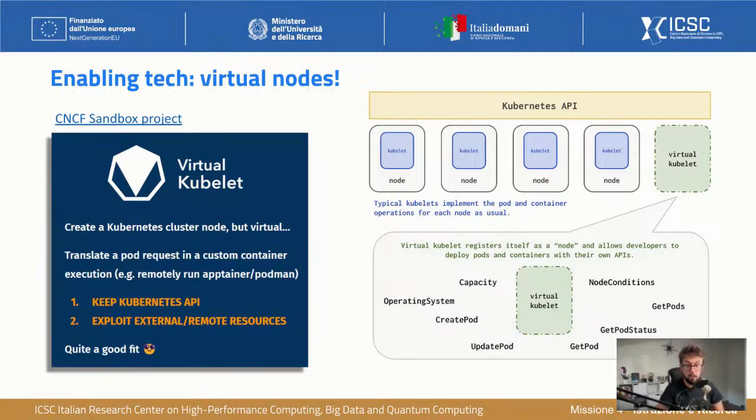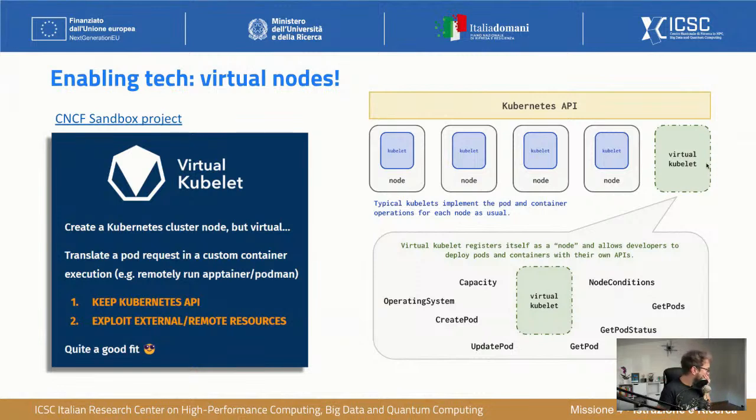And then we discovered that this kind of abstraction in Kubernetes was quite interesting, because it had already been there for several years. There is a project in the Cloud Native Computing Foundation sandbox called Virtual Kubelet that does exactly that. You take your Kubernetes cluster, and as soon as an application arrives with a request to run a container, you can include a virtual node.